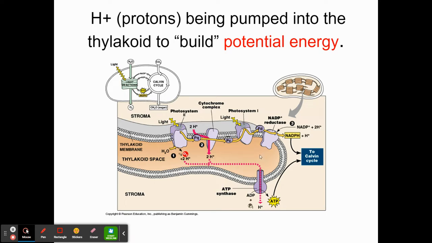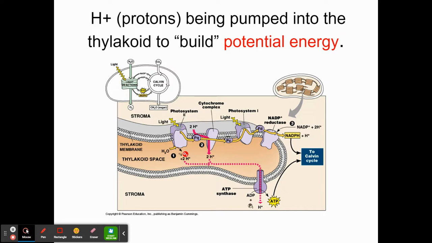So what do we do now? We now have lots of protons inside the thylakoid space, 1,000 times more. Well, these protons can now diffuse through ATP synthase, which is a protein. What type of transport is that called? If you said facilitated diffusion, you are absolutely 100% correct, because we're going from a high concentration to a low concentration via a specialized transport protein.